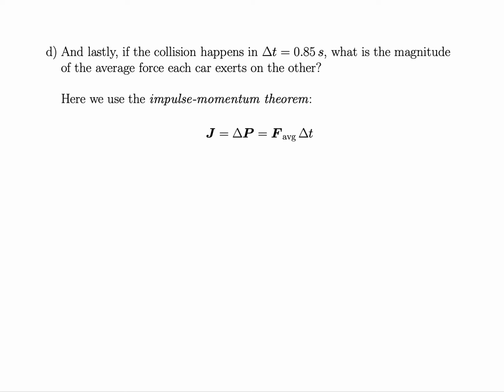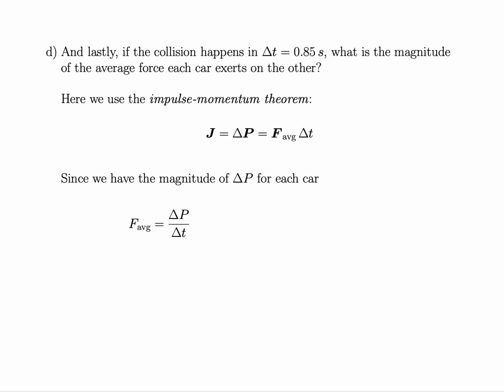But if you read in the book, you can see that impulse is connected to forces via a very simple equation, that the impulse is equal to average force times the duration that the force is exerted. So we can use the impulse-momentum theorem in order to calculate the force because we have the change in momentum of one of the cars, actually of both of the cars, and we've estimated the time of the collision.